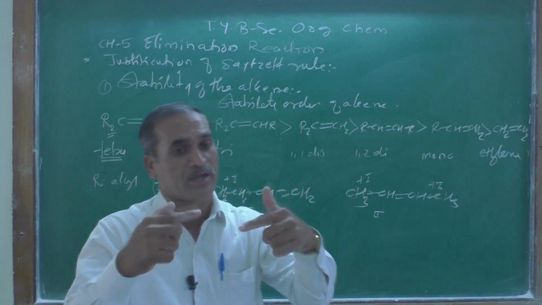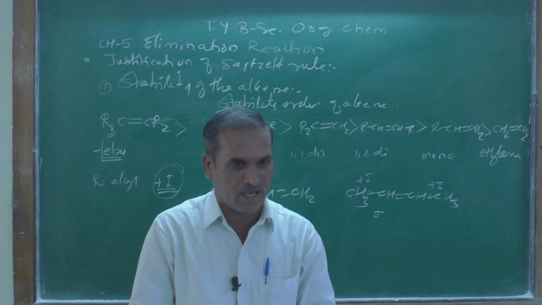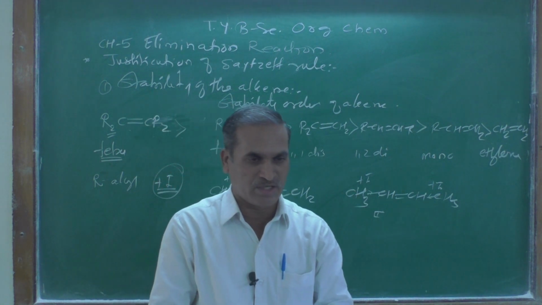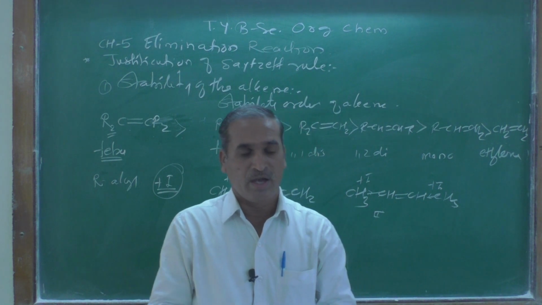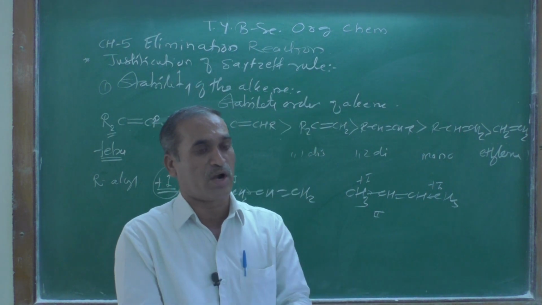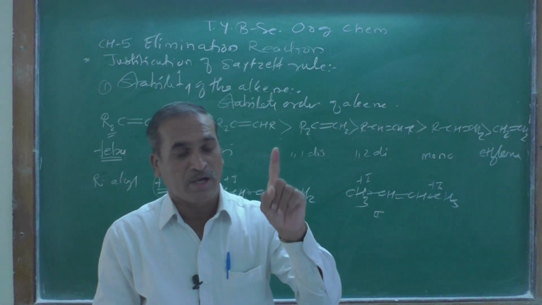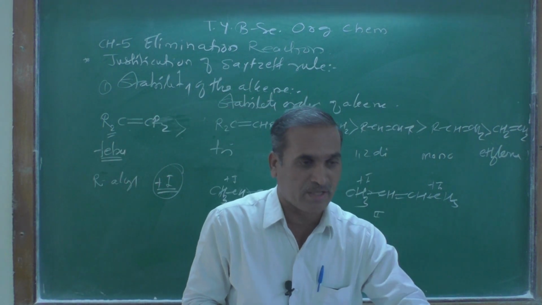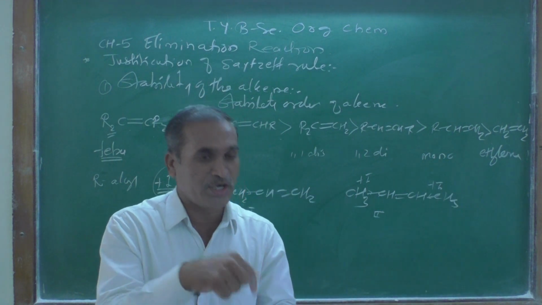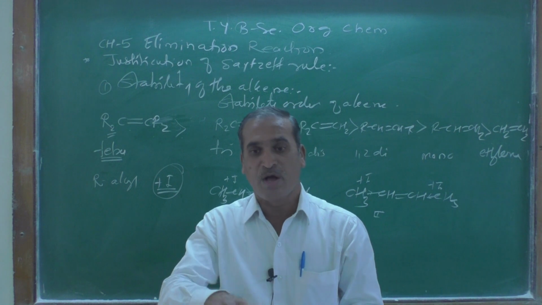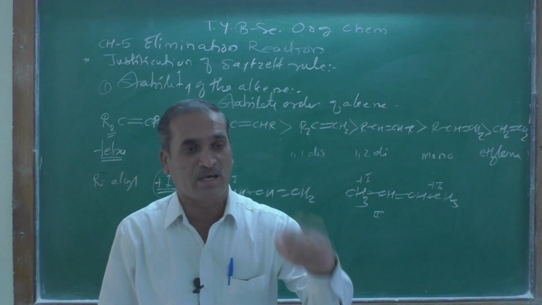What is that? Hyperconjugative. Do you remember the hyperconjugative effect? And you are quite familiar with this word hyperconjugative effect. Hyperconjugative effect is a modification of the resonance effect. And what is that resonance effect? Resonance effect is nothing but the redistribution of electrons operating in an unsaturated system via pi bond.